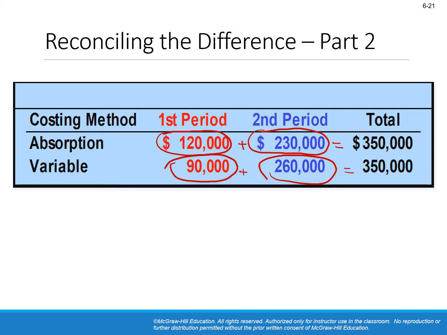The reason here why we have a net operating income for absorption greater than that for variable is that the units produced is greater than units sold. On the other hand, here the units produced was less than units sold.